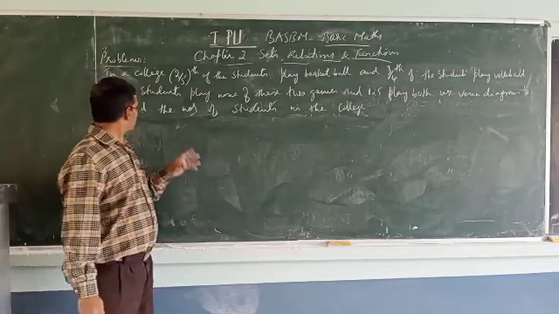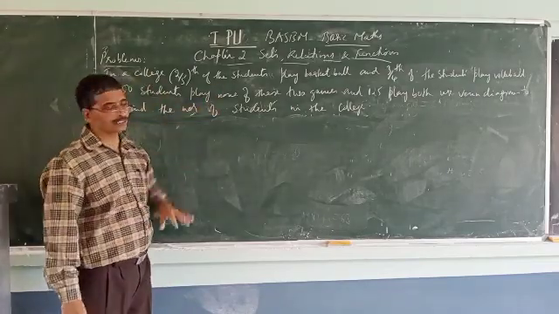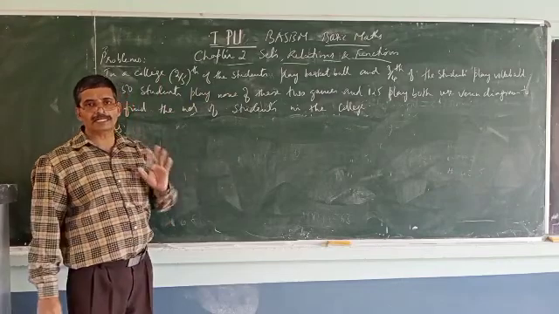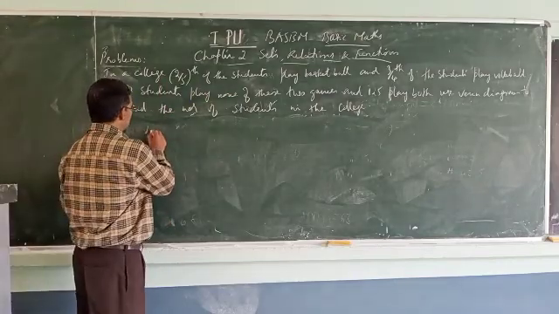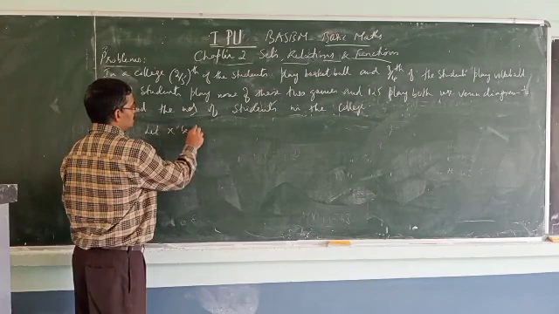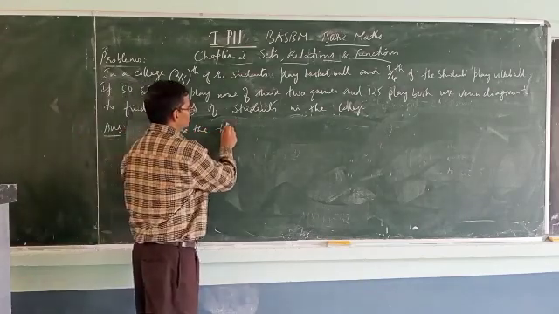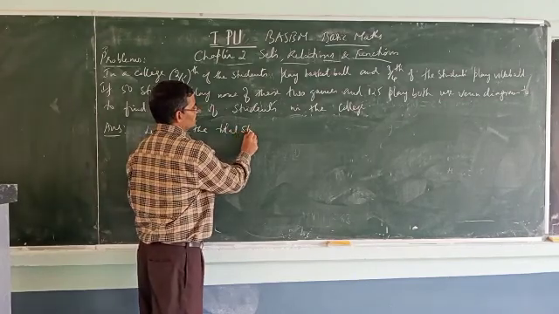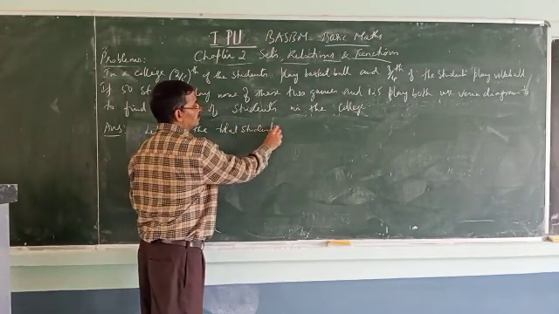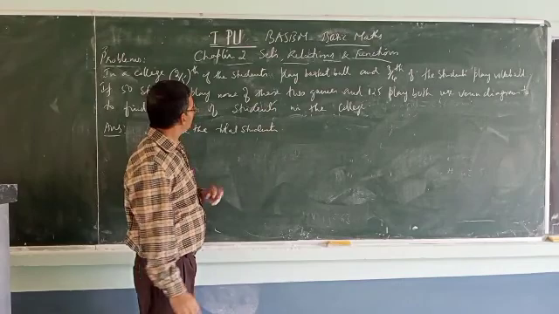Okay. So what we will do? The number of students you have to find out, we take it as x. Let x be the total number of students. Now what is given?